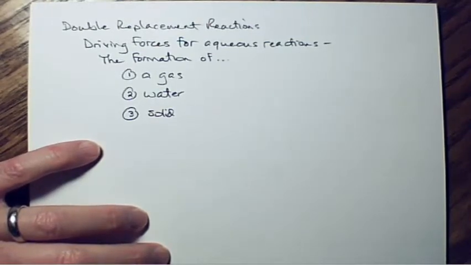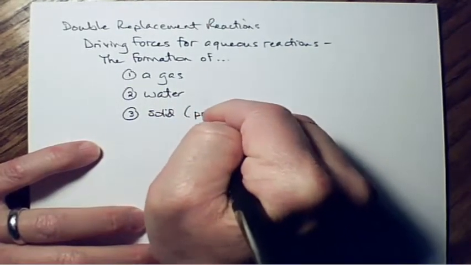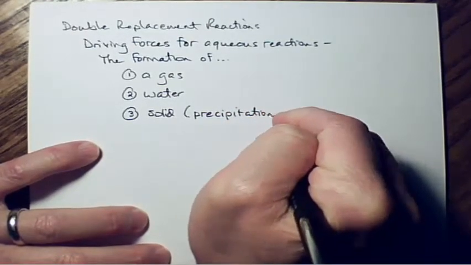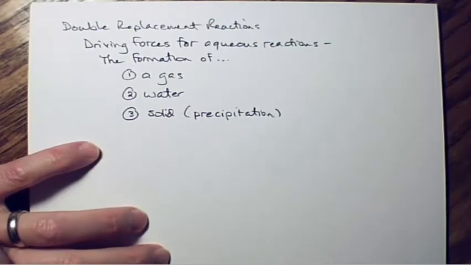There's a name for this. It's also the same name you use when you talk about silt coming out of a river at the delta. You've heard it before. Precipitation.